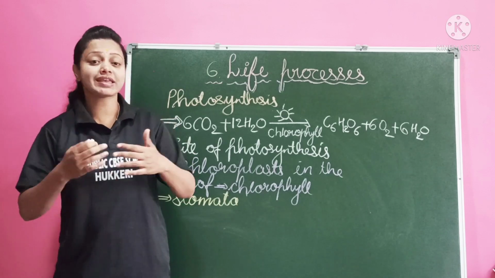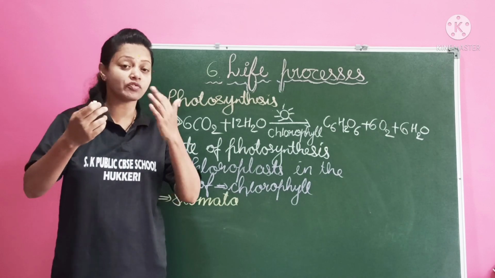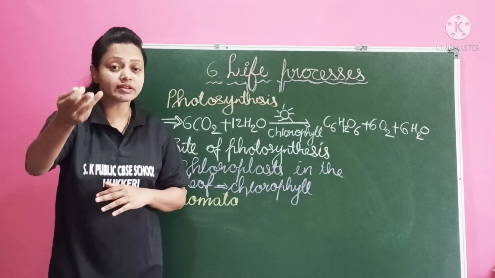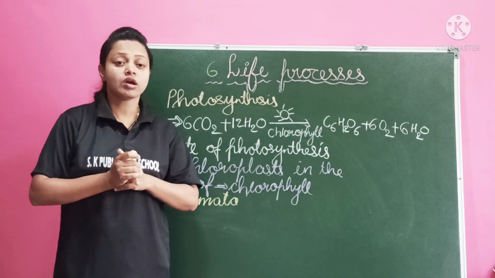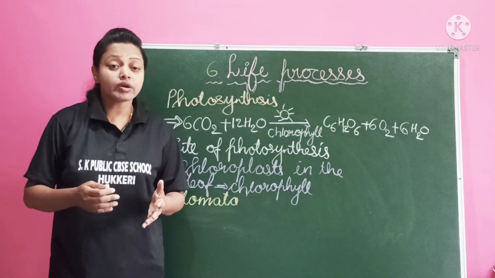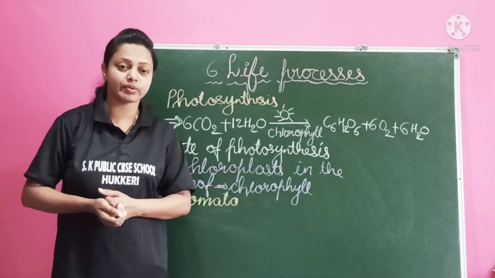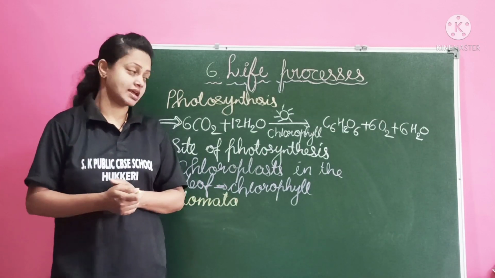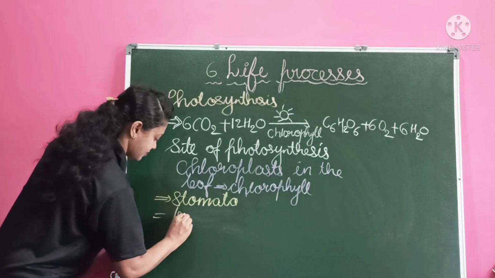Exchange of gases, that is oxygen and carbon dioxide. Intake of carbon dioxide and giving out of oxygen takes place during photosynthesis. The second one is that it loses a large amount of water in the form of water vapor during transpiration. What is transpiration now, dear students?